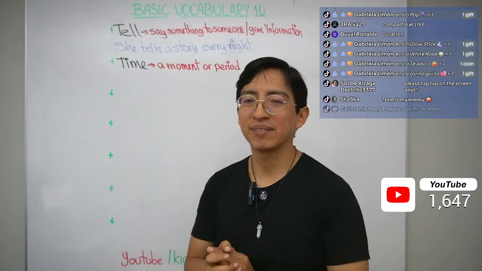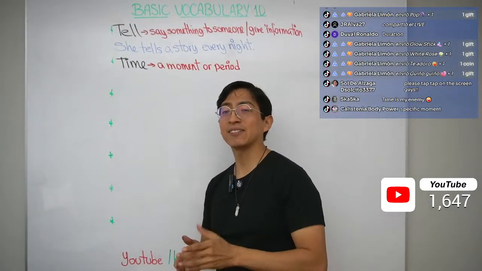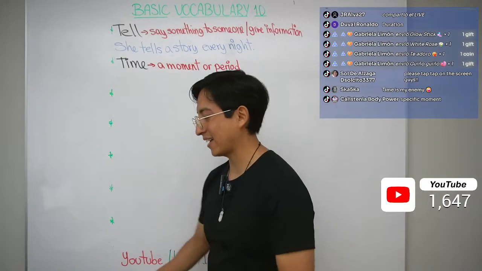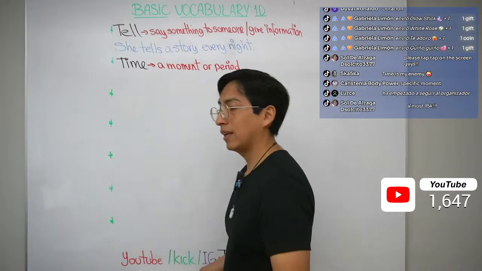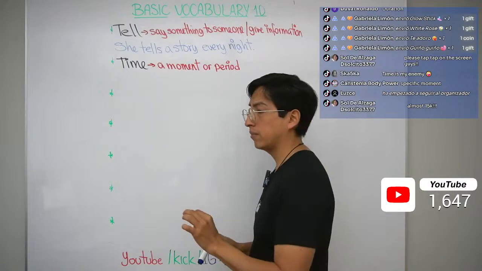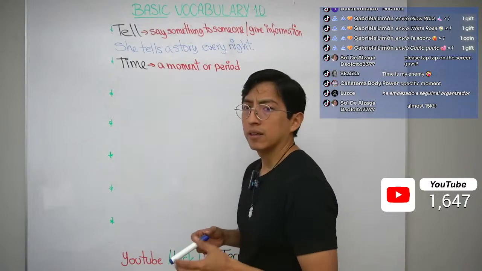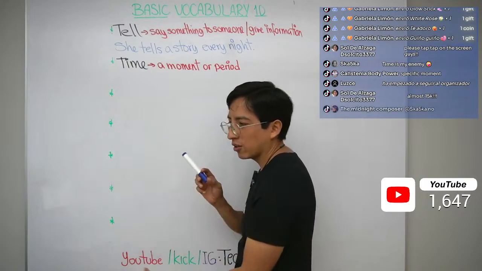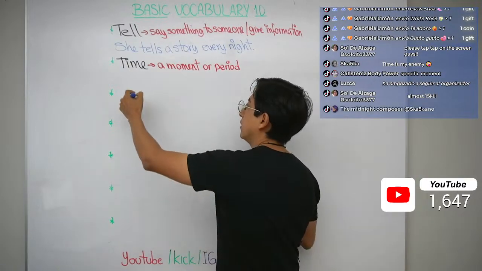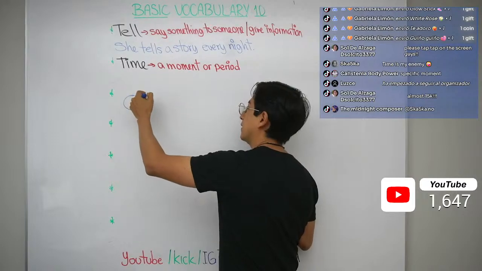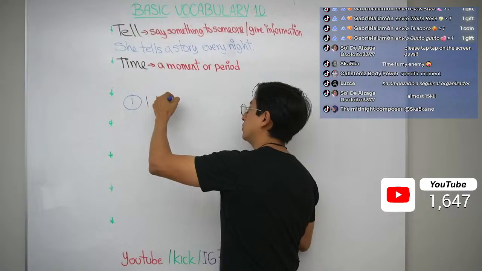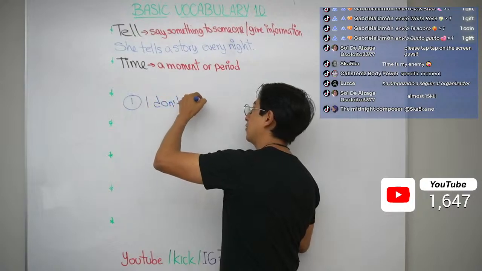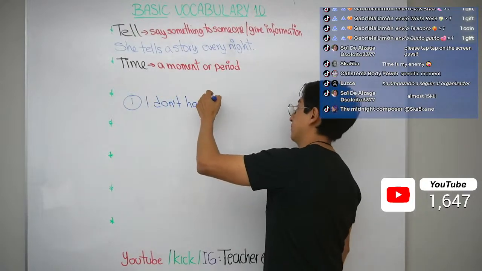Time is my enemy. A specific moment. Yes, exactly. Very good. Now let's start with some examples. Time could be considered something very general. For example, if you say, I don't have time.